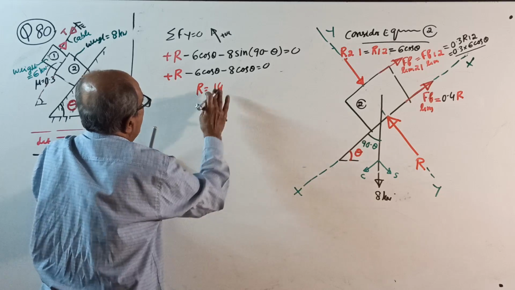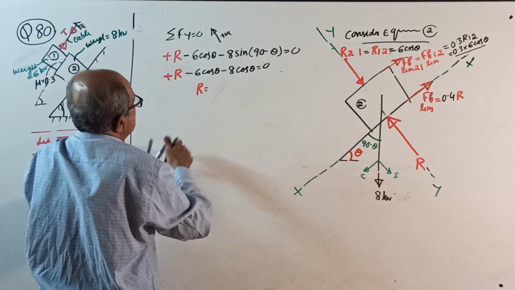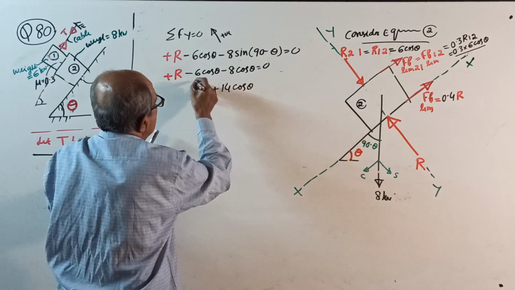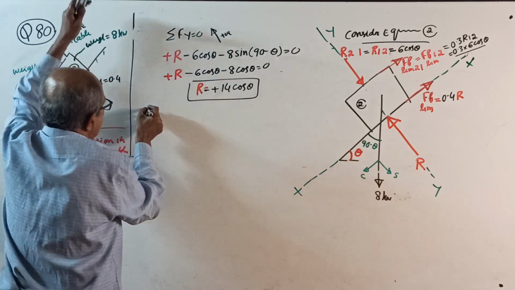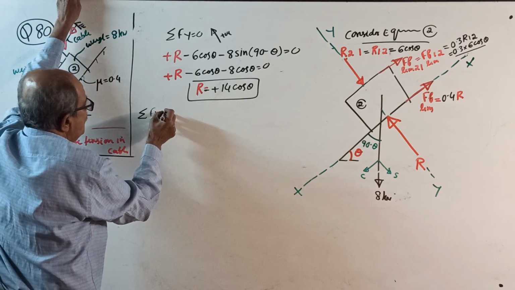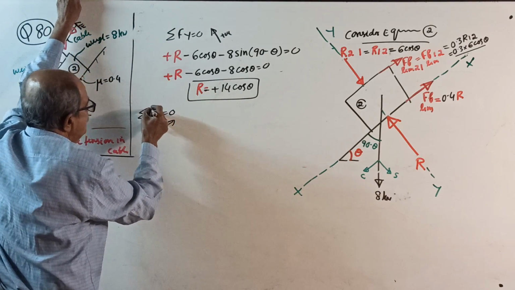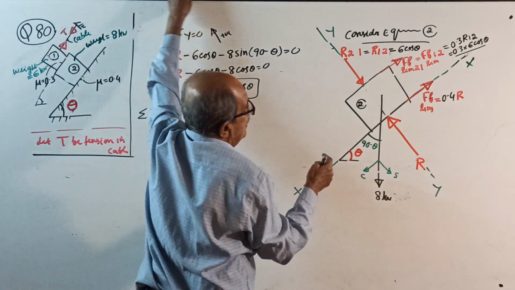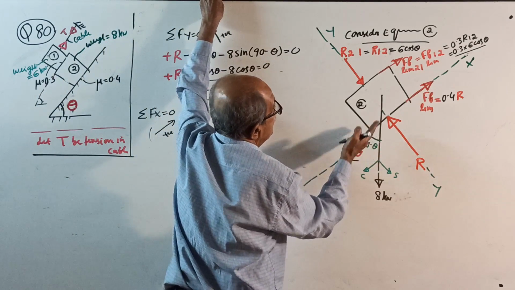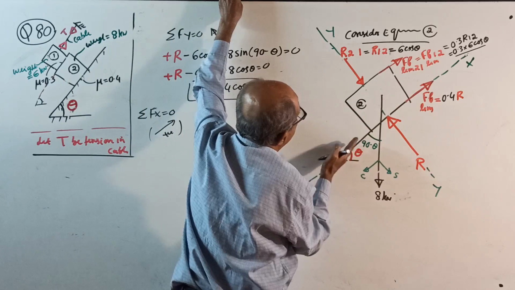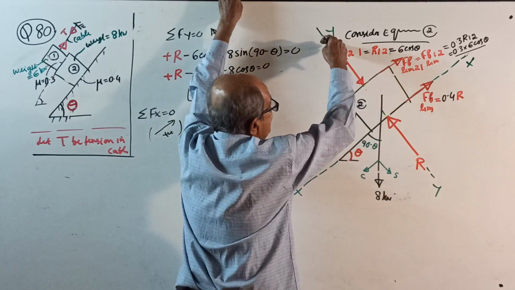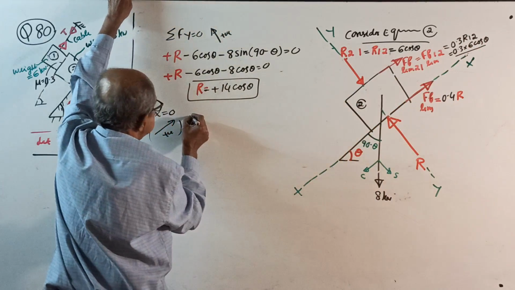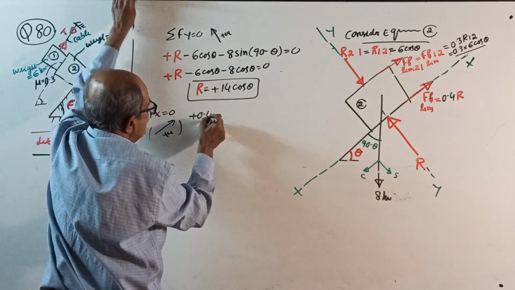14 cos theta. That is the R. Okay, now sigma Fx equal to 0, take right side positive. Start. Here, see. This is not there.